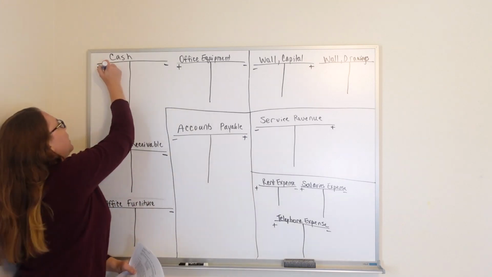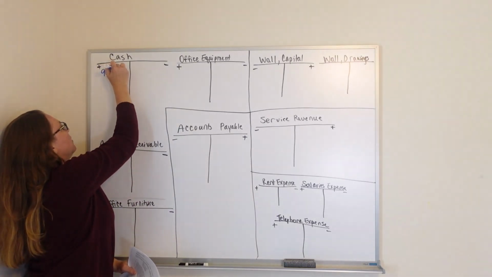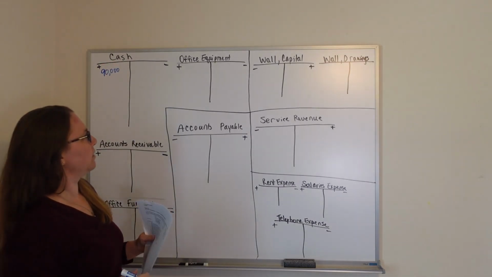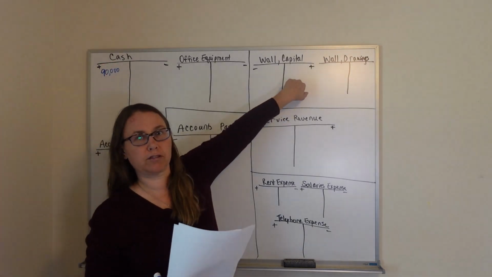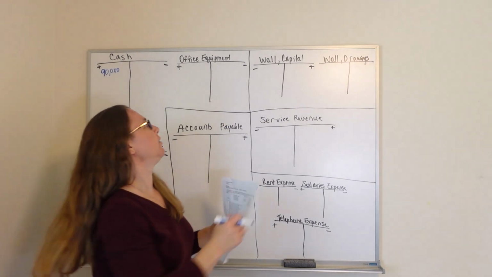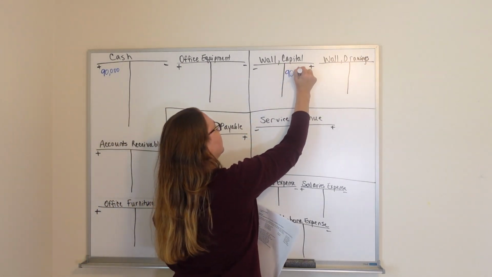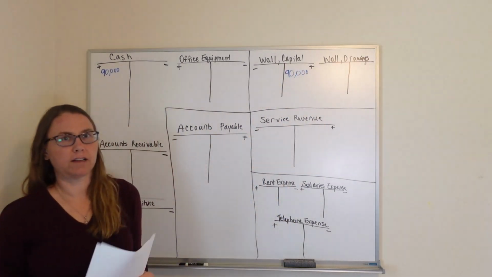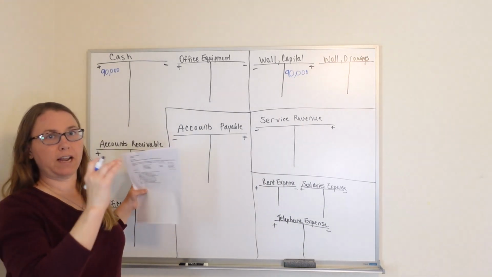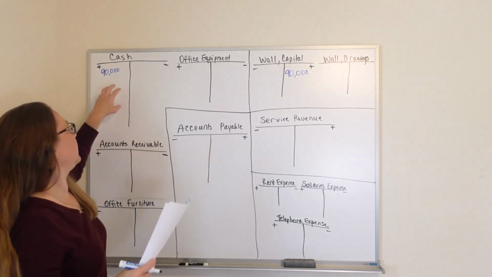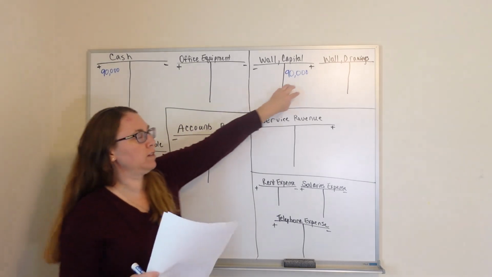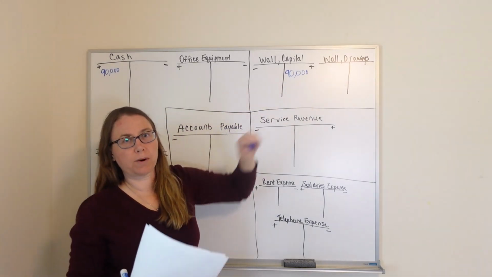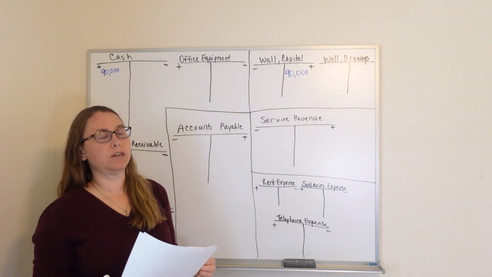So we would just put 90,000 here. And then capital, this increases the owner's investment. So we would add to that with a credit. So we've got a debit and a credit. One's adding here and one's adding here. So we're adding to 2 different accounts.